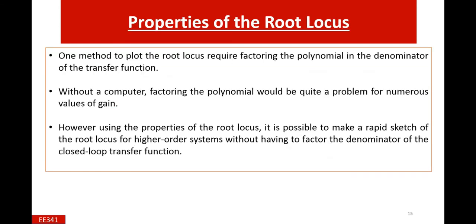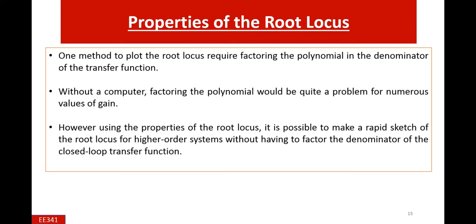So to plot the Root-Locus, we need to factorize the polynomial in the denominator of the closed loop transfer function. If we don't have a computer or any machine, we are unable to factorize these higher order systems. We are able to analyze and solve first or second orders, but if these are higher orders, then we are unable to solve.